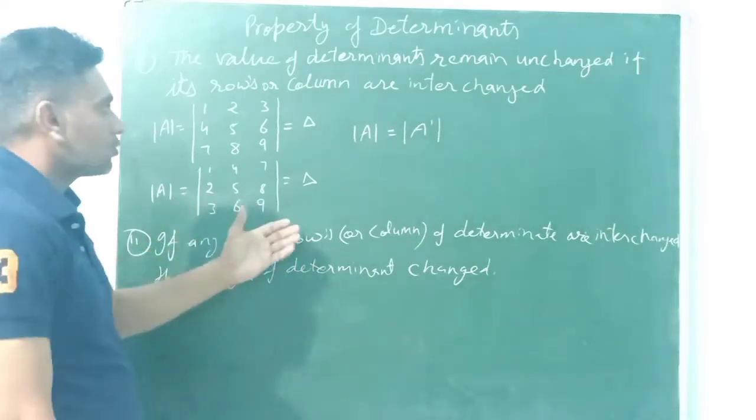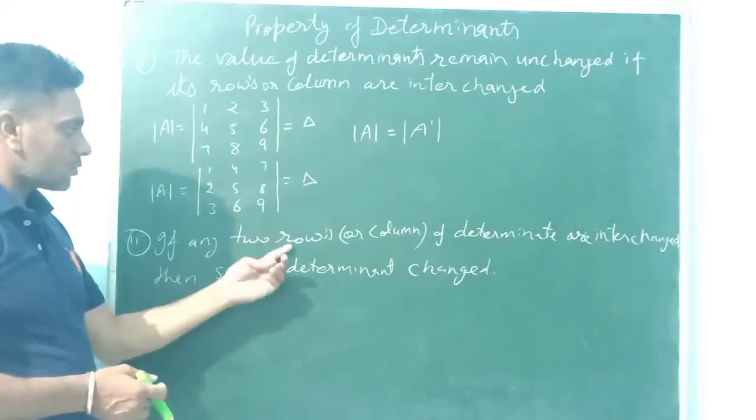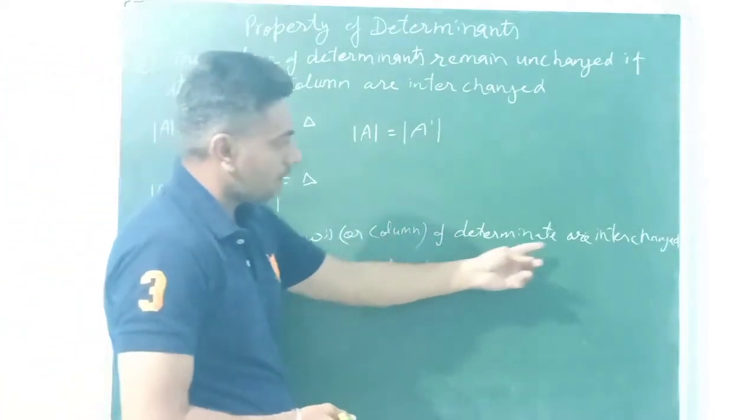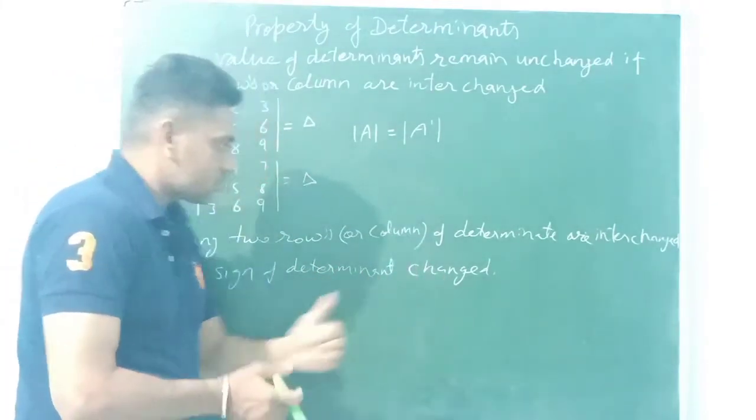Now move to property number 2. If any two rows or columns of a determinant are interchanged, then the sign of the determinant changes.